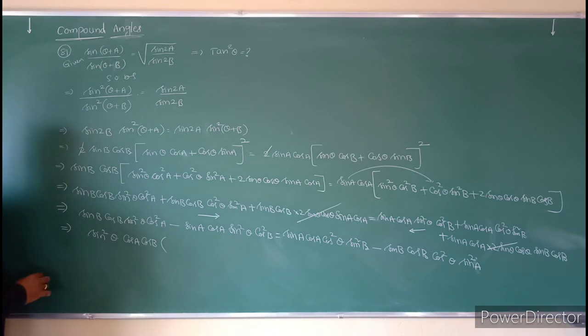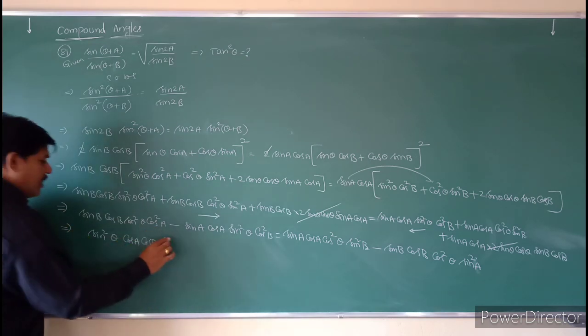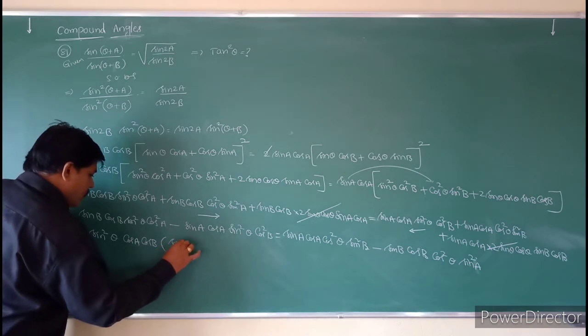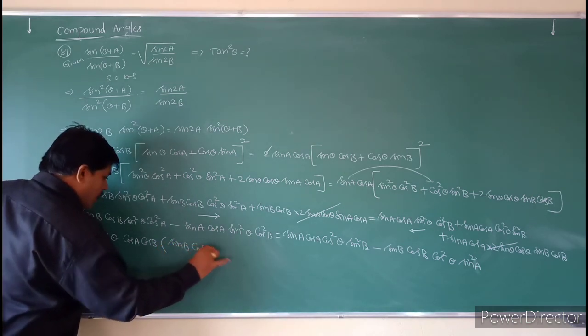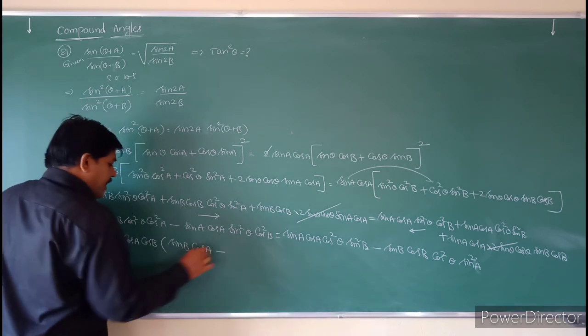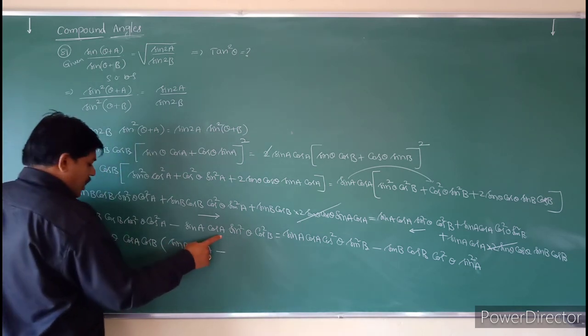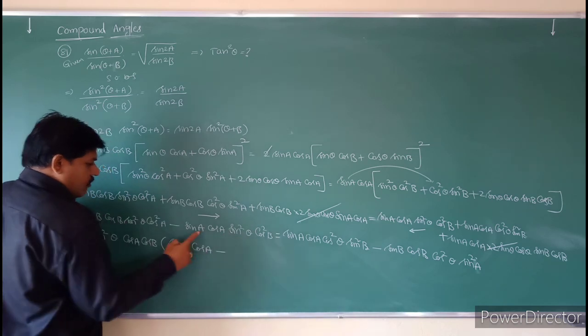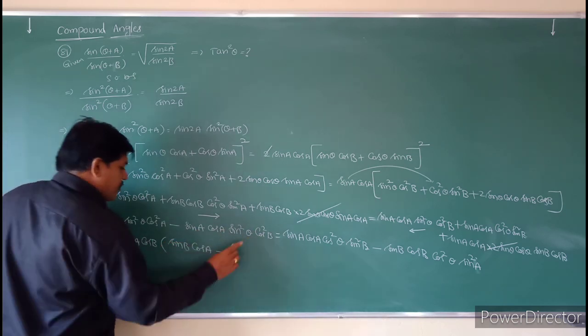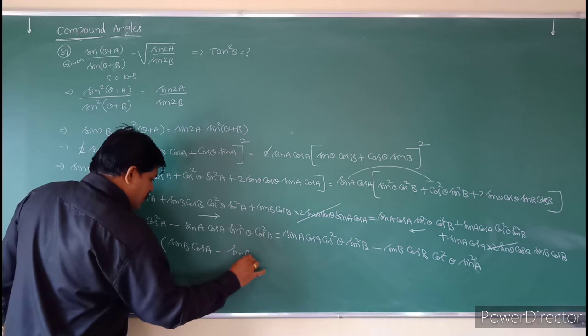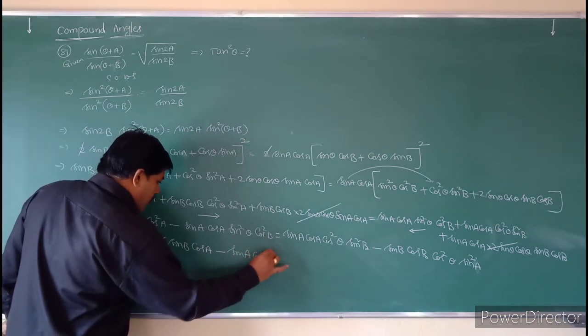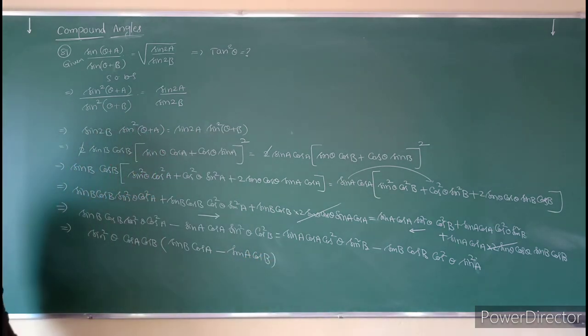So what are the remaining values? Sin B cos A minus, I have already taken cos A and cos B common, so what remains is sin A cos B, that is nothing but sin A cos B.